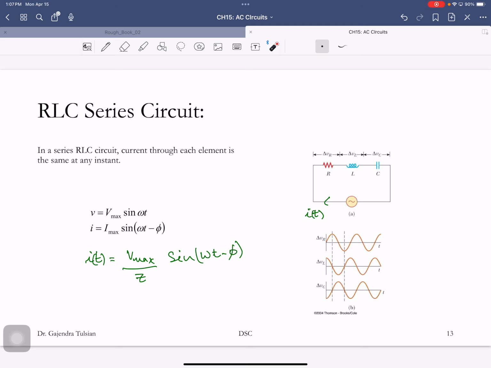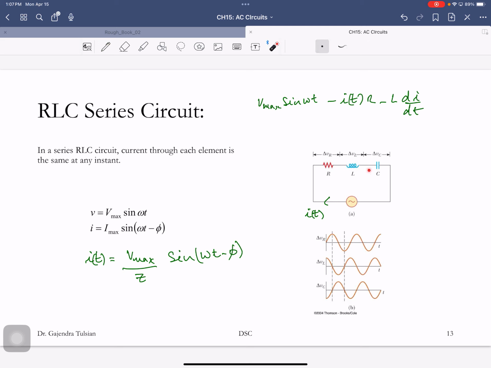Again, we'll use Kirchhoff's loop rule. This is Vmax sine omega t. When you go across the resistor, it's minus I(t) times R. When you go across the inductor, it's minus L di/dt.